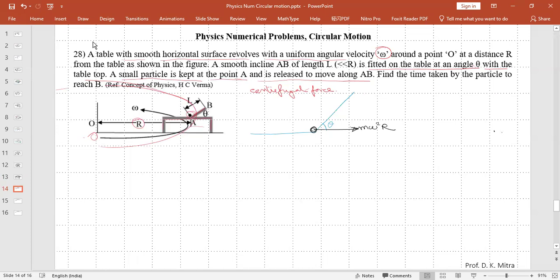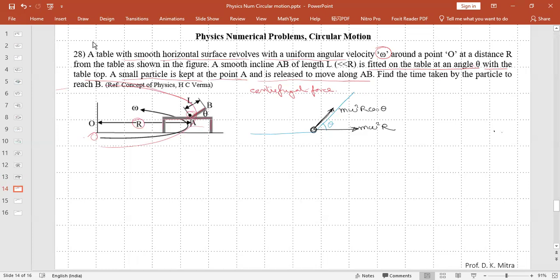Now, this centrifugal force will have a component up along the slope. This force upward will try to take this small ball up the inclination.